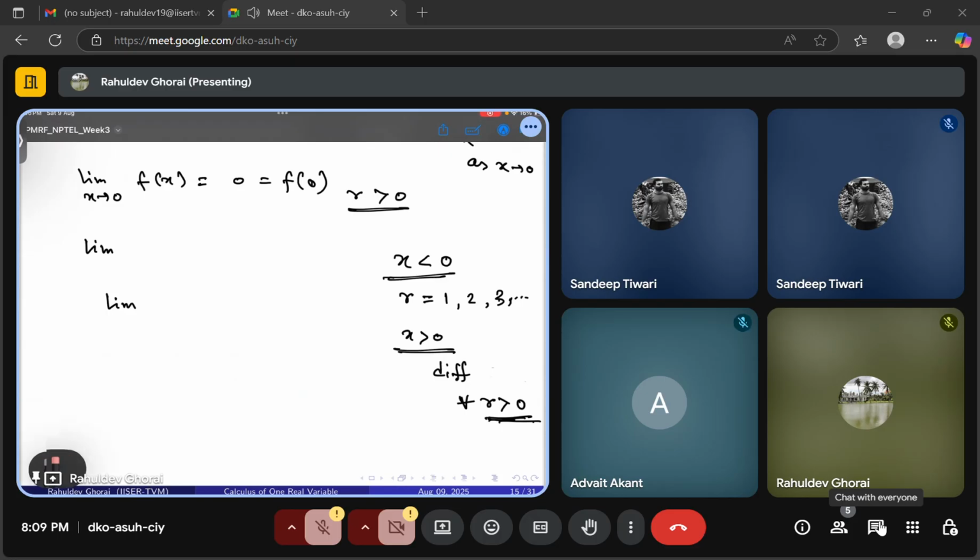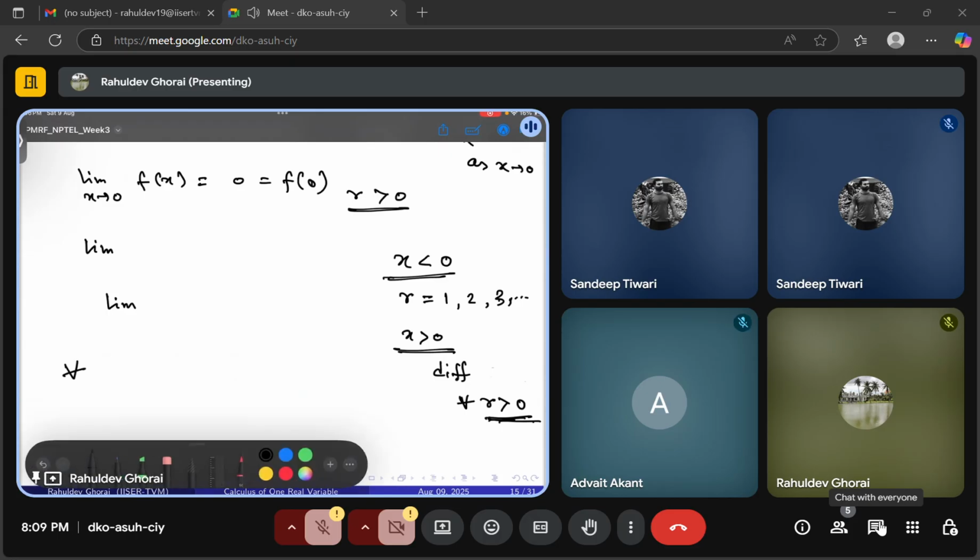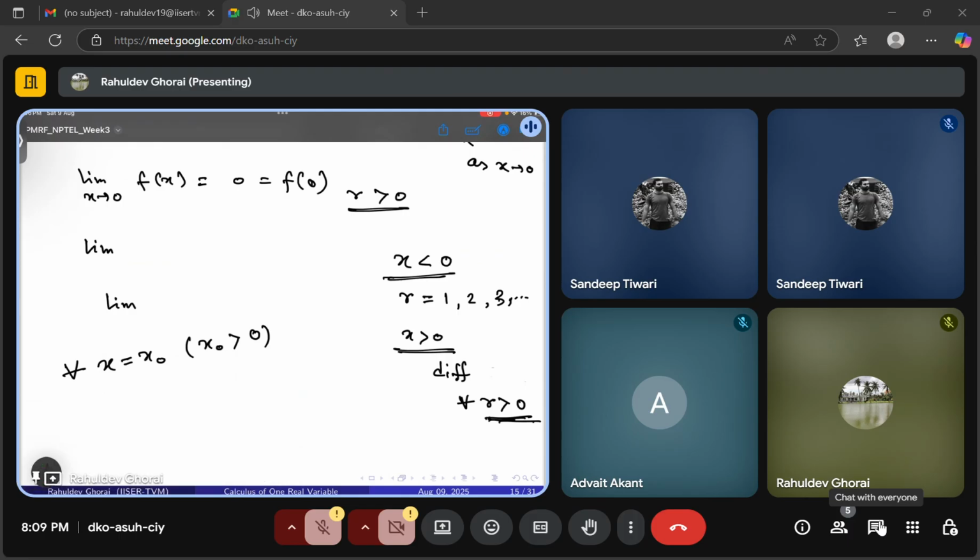For all x equal to x naught, where x naught is greater than 0, this function is differentiable. F is differentiable for all r greater than 0, because this r is greater than 0.